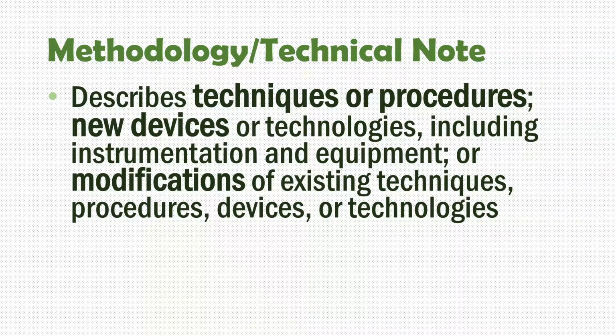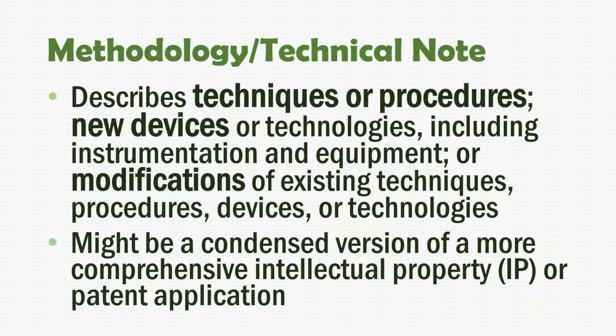A technical note might be a condensed version of a more comprehensive intellectual property or IP or patent application. Technical notes usually consist of a short, unstructured abstract or none at all, a brief introduction, methods, results, and discussion. The methods and results sections can be combined under the heading of technique.